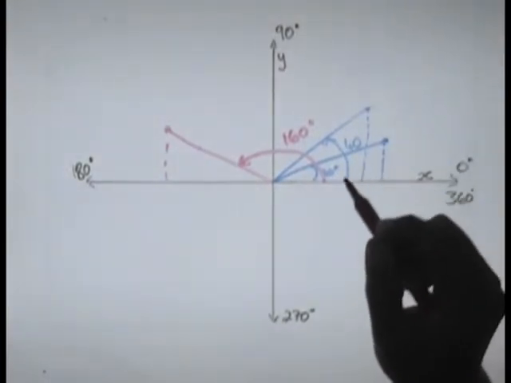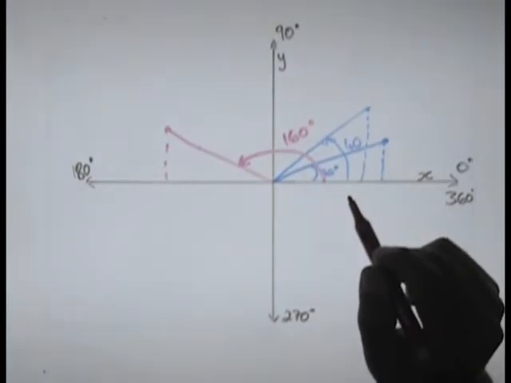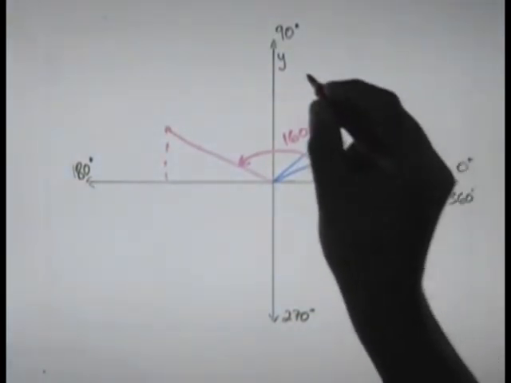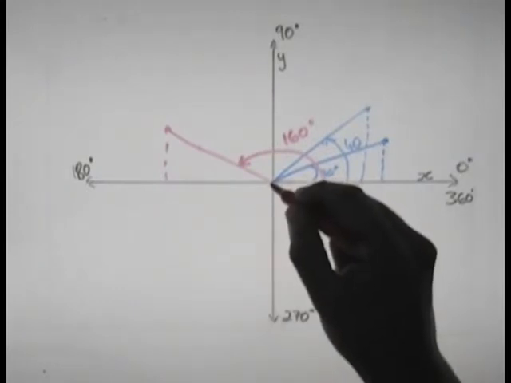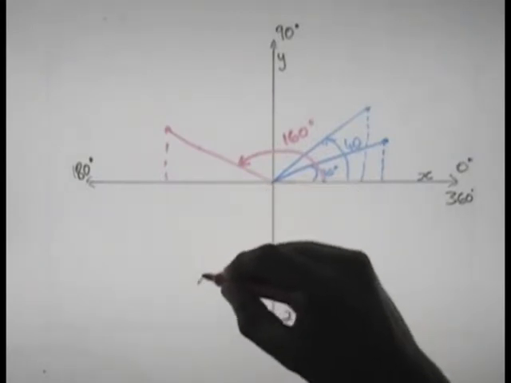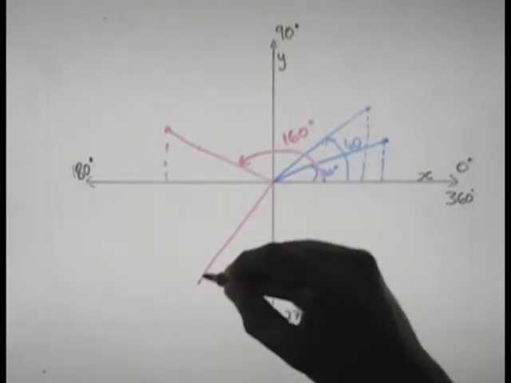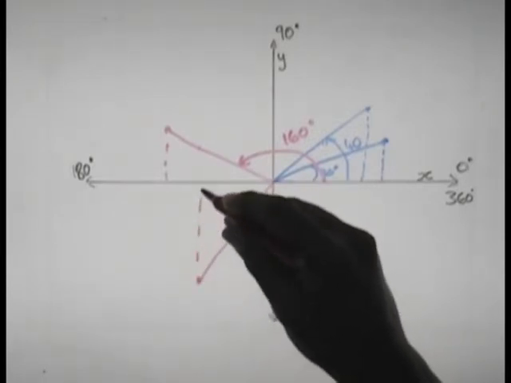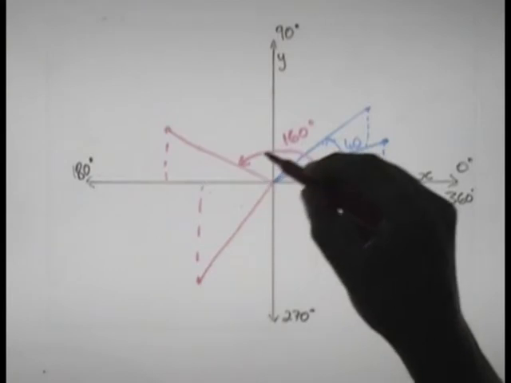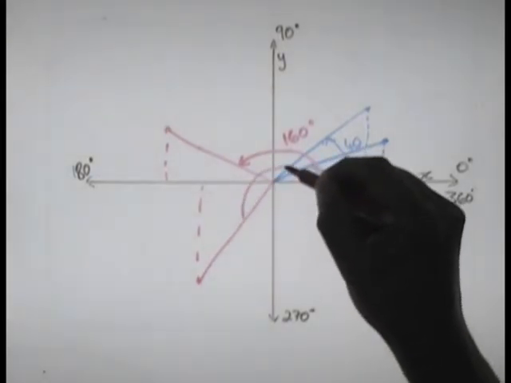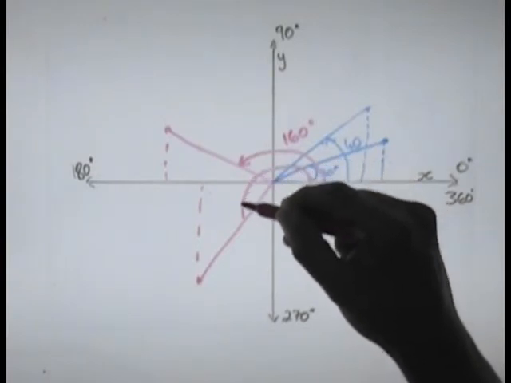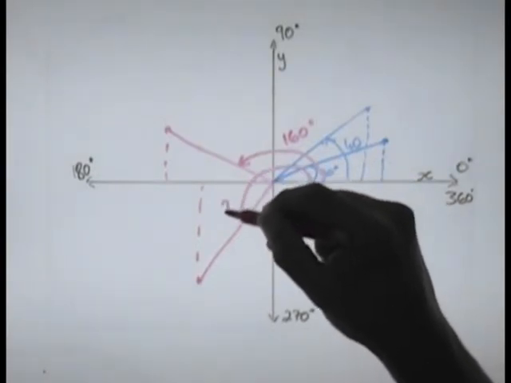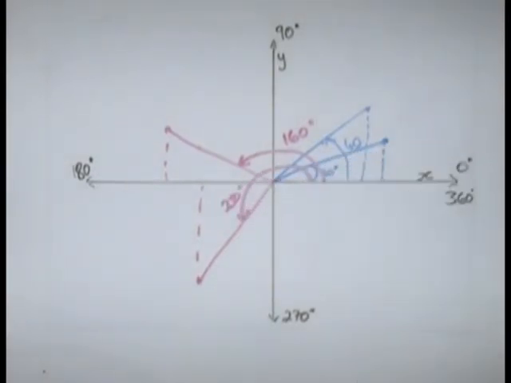The next angle we're going to sketch is 230 degrees. 0, 90, 180, 230. That means that that angle is going to come somewhere over here, have a particular x and y value, but that is going to be the angle from 0 all the way up to 230 degrees.